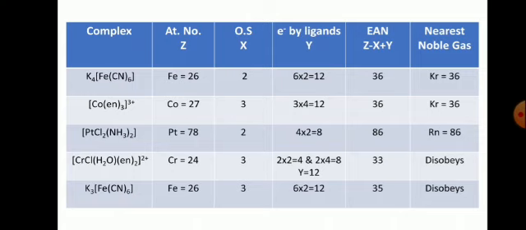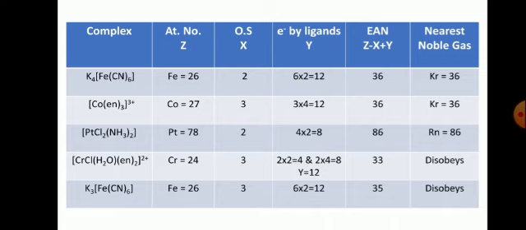That means one ethylenediamine is going to donate 4 electrons. There are 2 nitrogens, and each nitrogen will donate 2 electrons. As there are 3 ethylenediamine, it will make up 12. Here we have not multiplied by 2, we have multiplied by 4 because it is a bidentate ligand. So it comes out to be 27 minus 3 plus 12, again 36. So this example is also obeying the EAN theory.